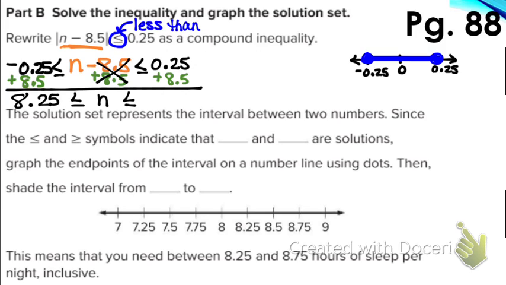If you spend a quarter and you have $8.50, how much do you have left? 8.25. What about the other side? 0.25 plus 8.5. 8.75. Thank you.